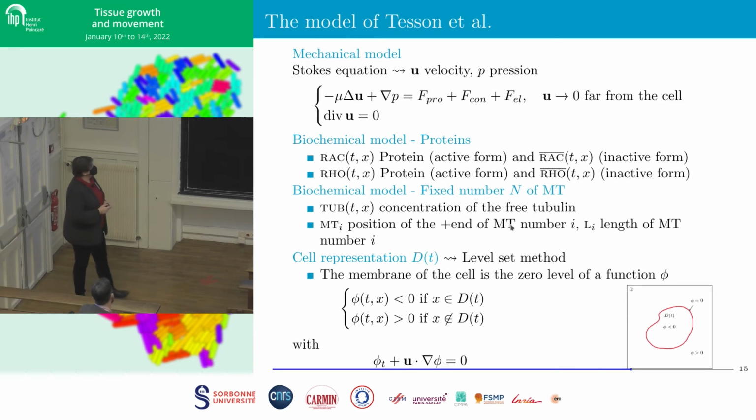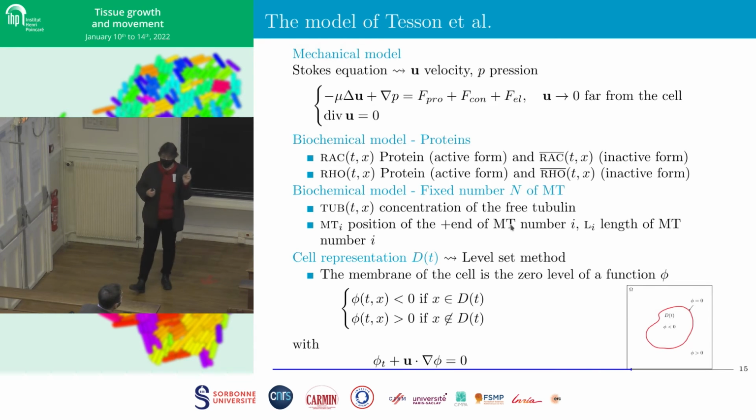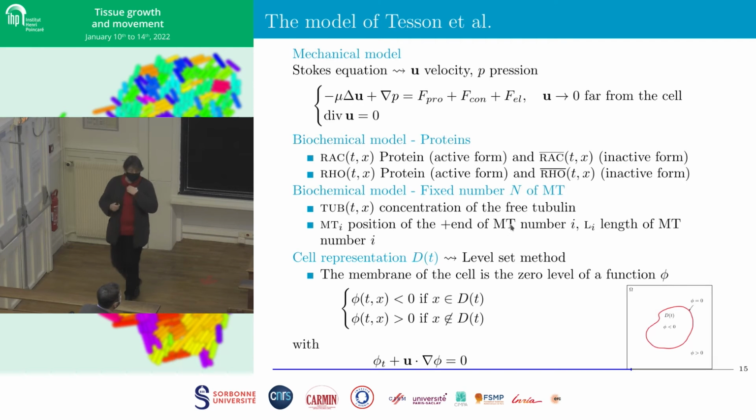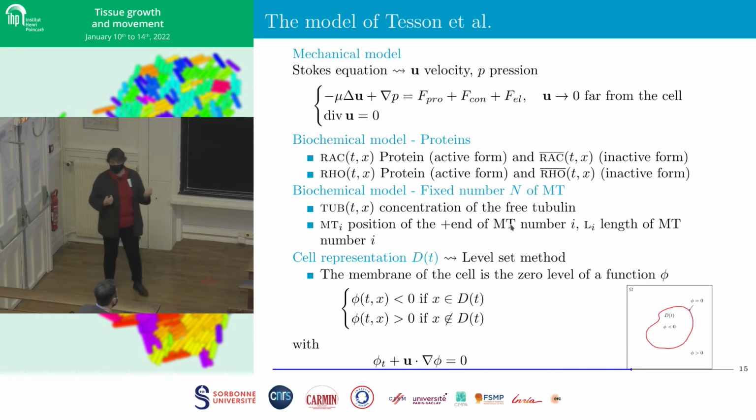So if you look at the Stokes equation, we have an additional term corresponding to the contractile forces. And then we also add a model that will represent the presence of the microtubules.